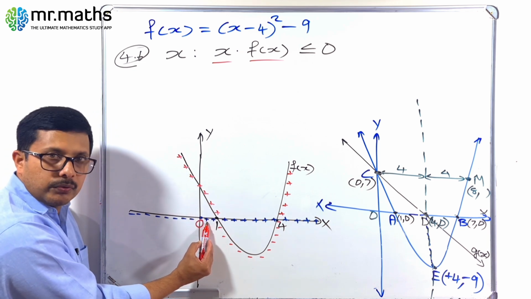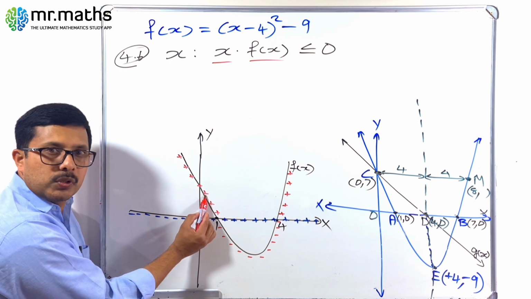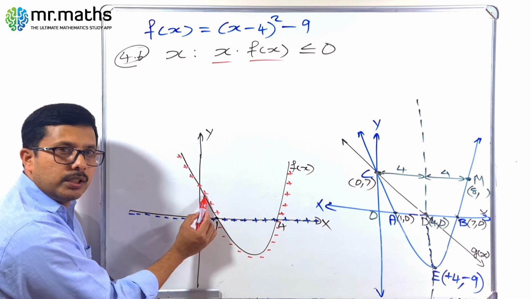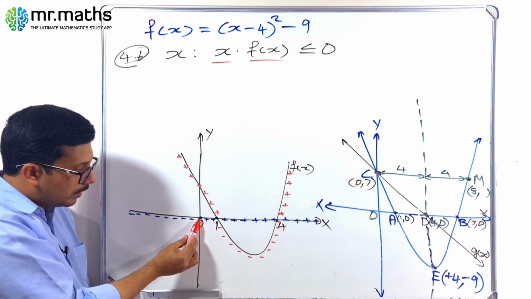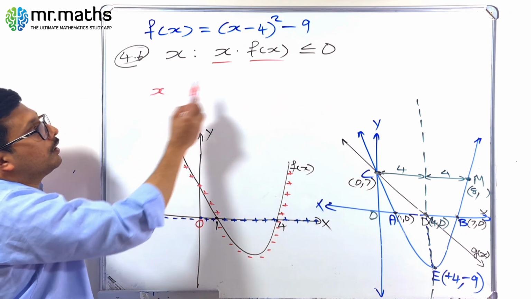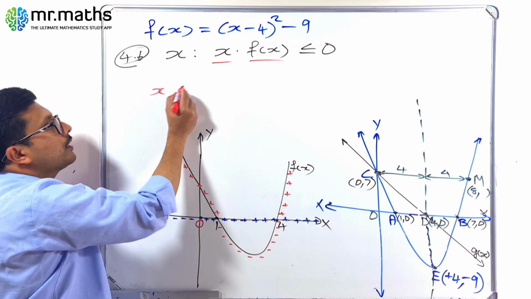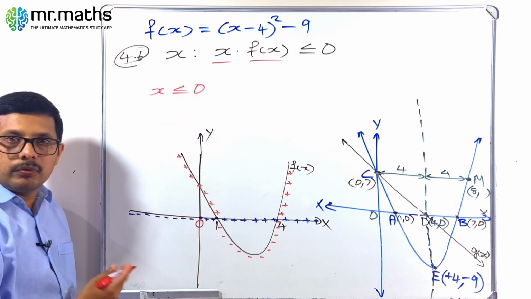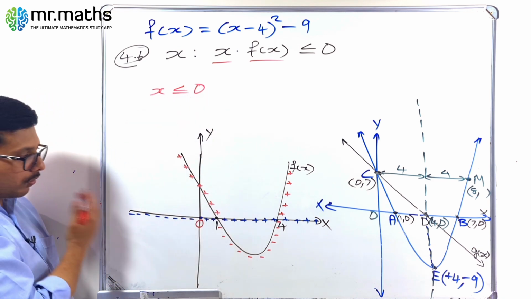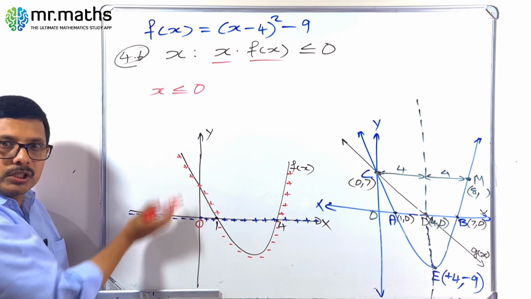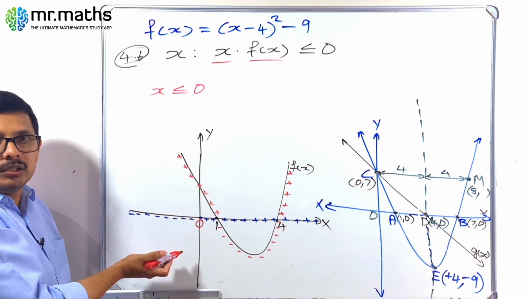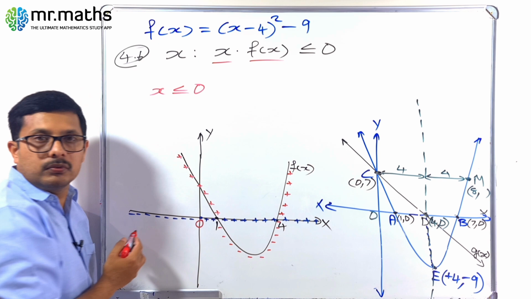This is positive, this is also positive. Positive times positive is positive. We want negative. So when x is less than or equal to 0, before 0, x is negative and f of x is positive. Positive times negative is negative. That is what we want, negative.